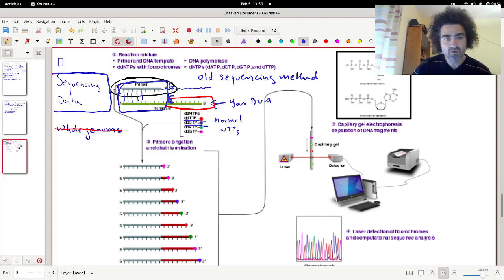So you will have a ddGTP here, and this will light purple.